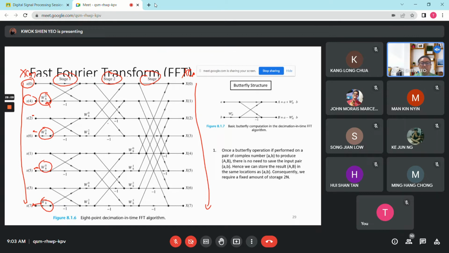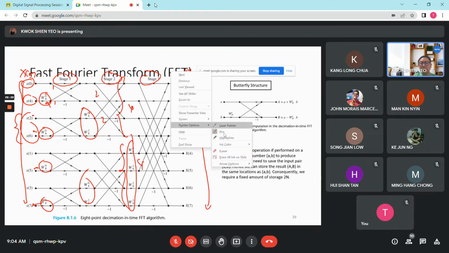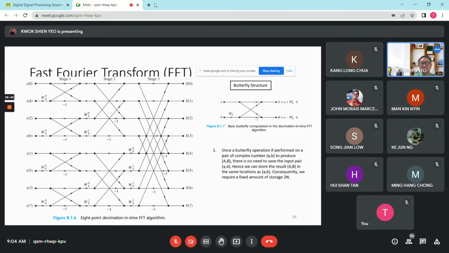And then you will see here also, meaning that this is the odd entry, this is the even entry for this stage. And if you also see here, there's a W multiplier. So all these 4 are the odd entries, all these 4 are the even entries. You will see that starting from 4, they become 2, then they become 1, right? So this is the butterfly structure that we are going to build. Okay, so it has these characteristics.